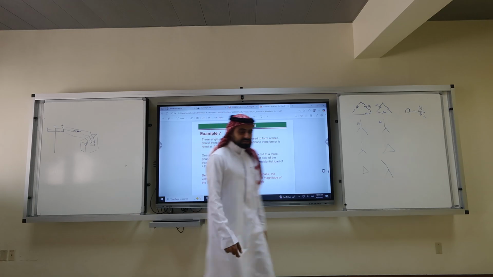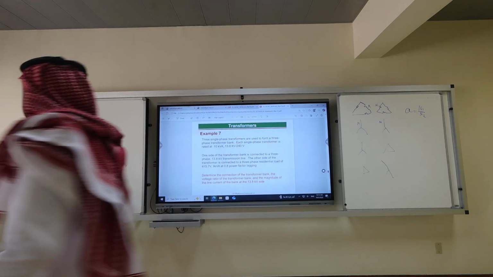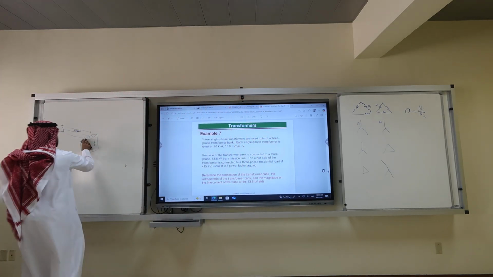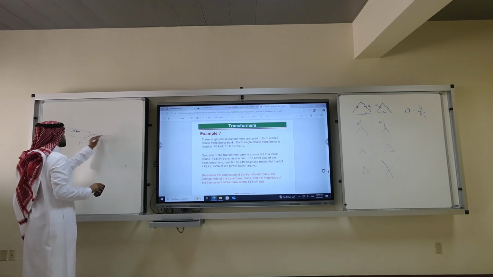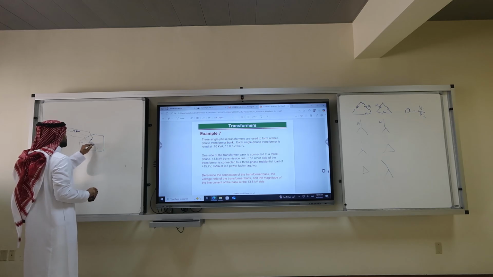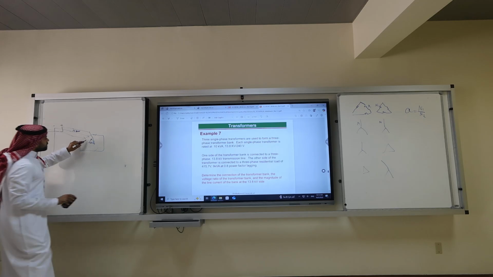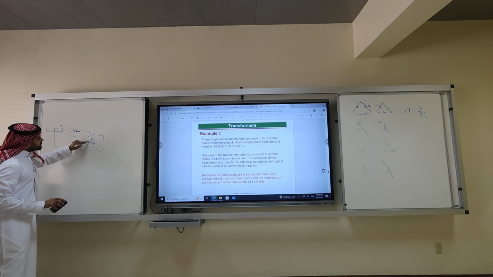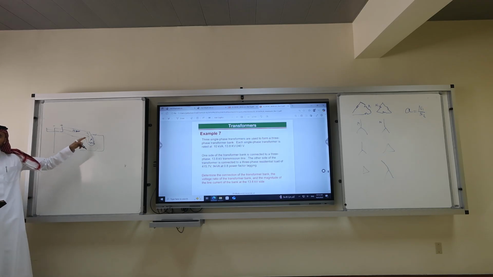Let's pretend that this transformer is connected, and I'm telling you 13.8.